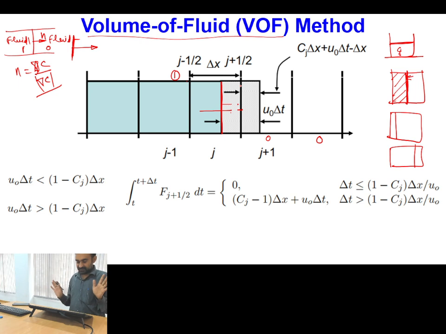Now you can easily understand that whenever your cell will be moving through this much distance, what will be your flux at the right boundary? Flux at the right boundary of the cell should be, what should be the flux at this point? When your time step is moving the interface through this distance, up to this time, what should be the flux?